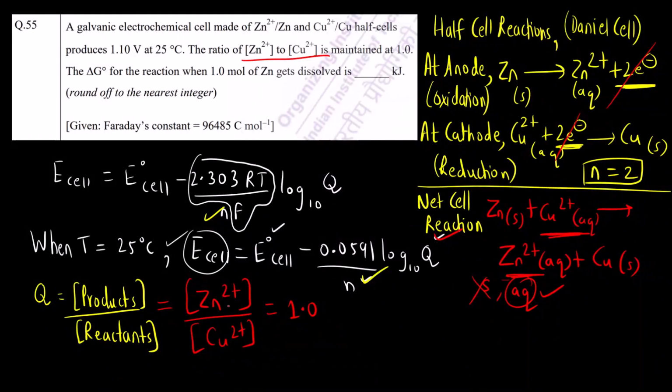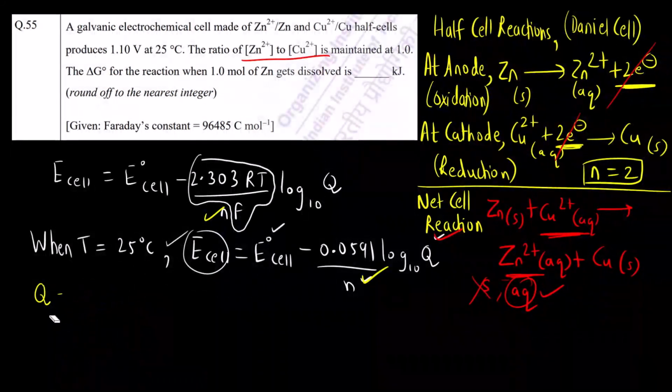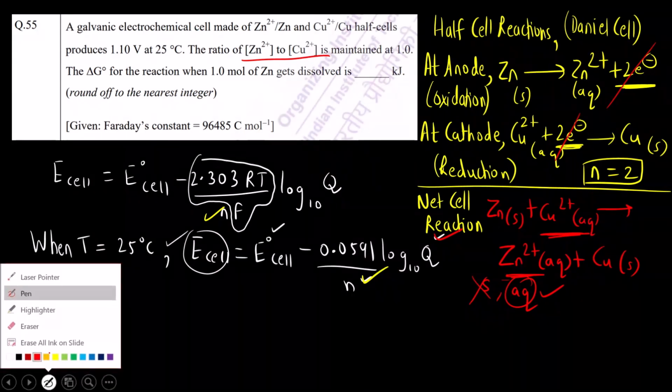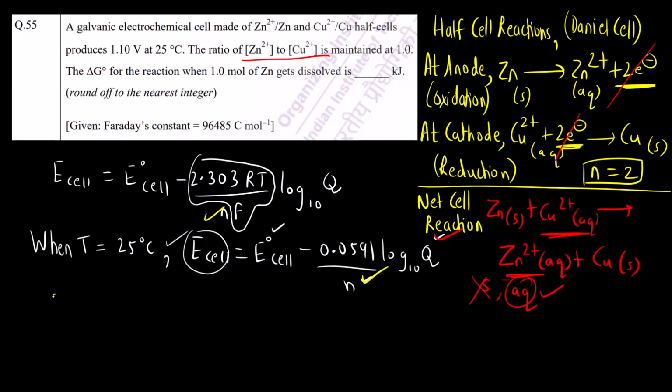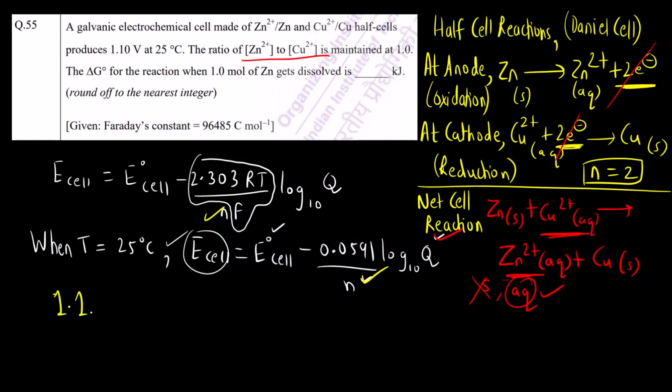We can now find out the value of E cell. Let me substitute and we will find the value of E cell, and then we can find the value of delta G0, that is the standard Gibbs free energy change. E0 cell is 1.1 volt.